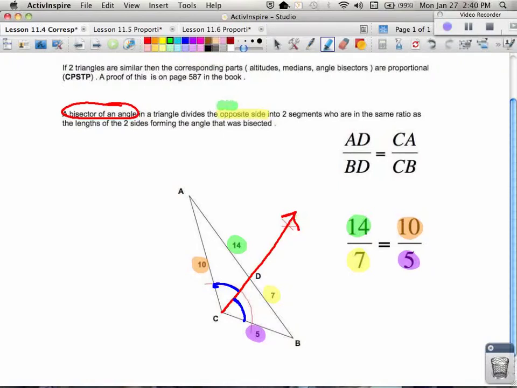The opposite side is the 14 and the 7 combined. And then the sides forming the angle were the orange and the purple. What they're saying is that the green compared to the yellow should be the same as the orange compared to the purple.